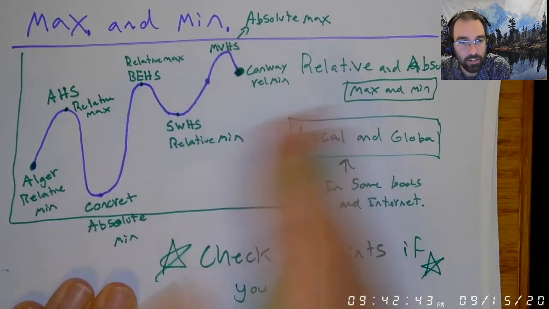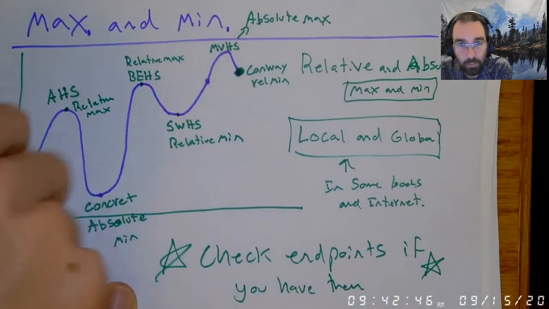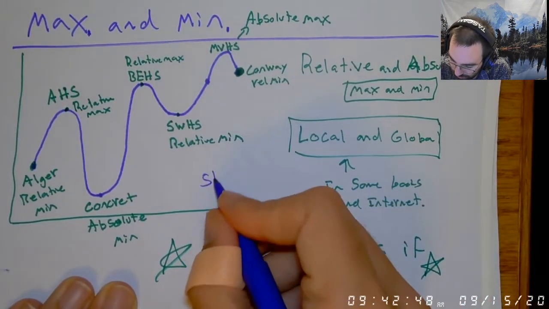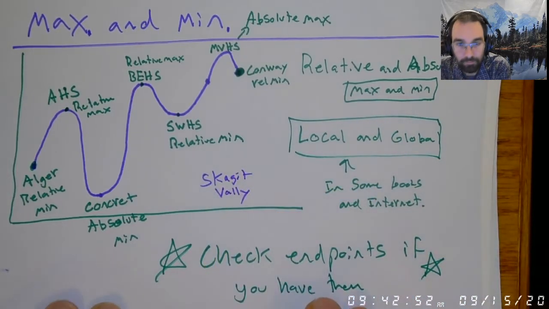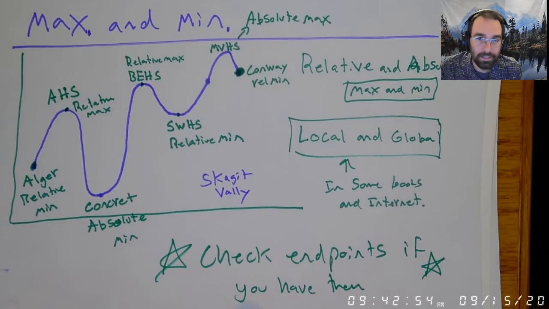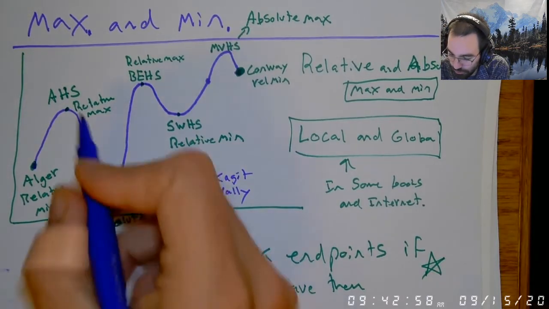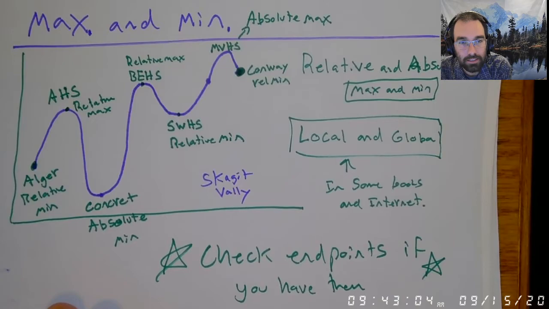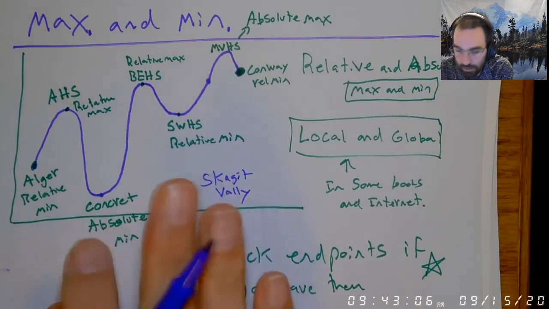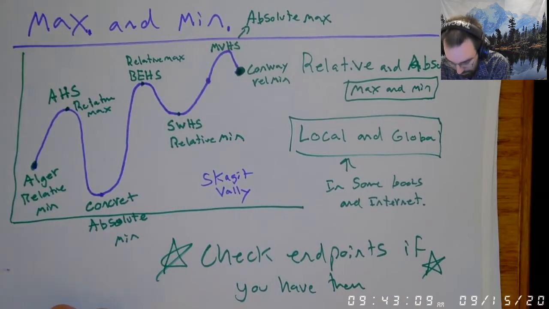And if we're talking about Skagit Valley, we have endpoints because Skagit Valley ends. Okay? So with that, that's basically max and min. You have to check your endpoints. You're just looking for max and mins. Again, this is just a review, and it's just a recapping of what you guys, I think, already know. Okay?